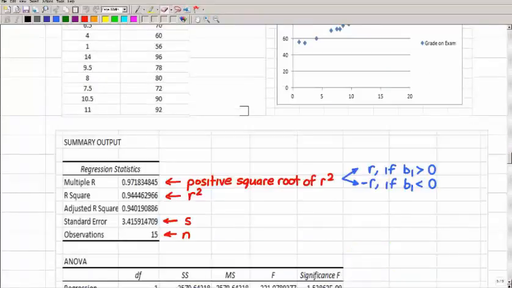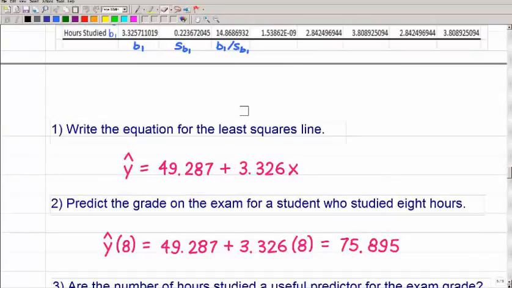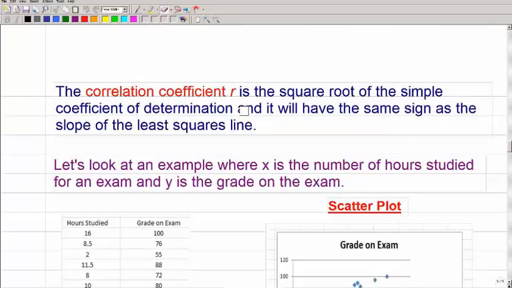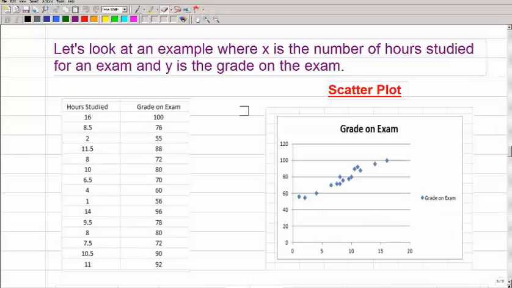Before I forget, I want to give you an example of something that would represent a negative correlation. Let's keep Y as the grade on the exam, but suppose X now was hours playing a certain video game.